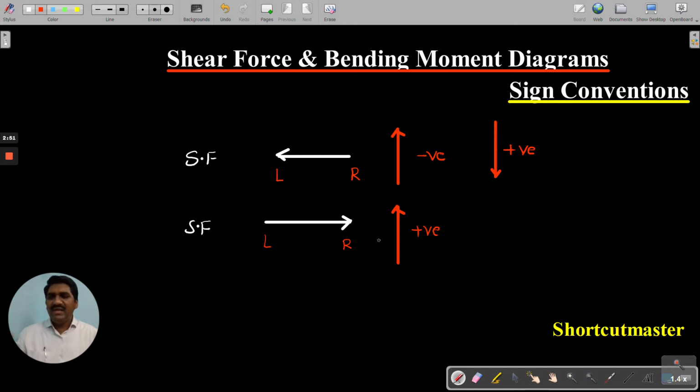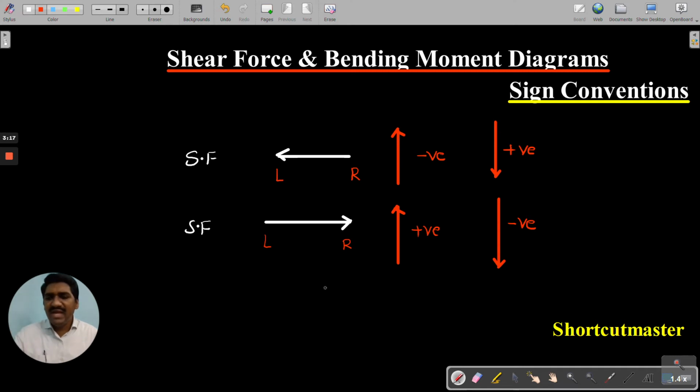Generally, while writing the equations of equilibrium, you write upward force as positive and downward force as negative. Now, if you have a downward force while moving from left to right, it should definitely be taken as negative. These are the exact sign conventions for the shear force diagram.